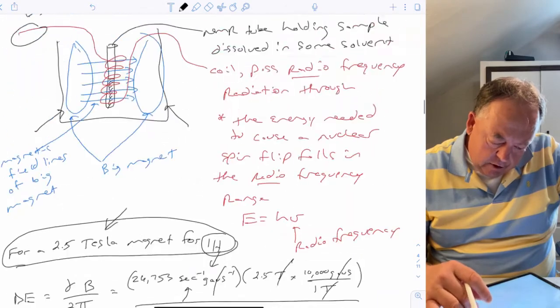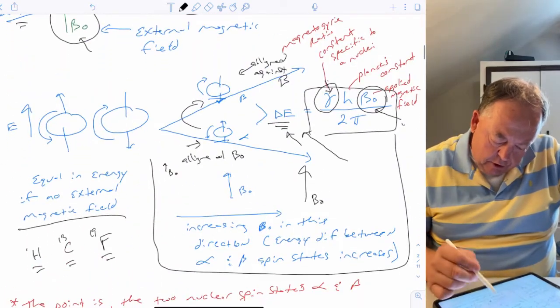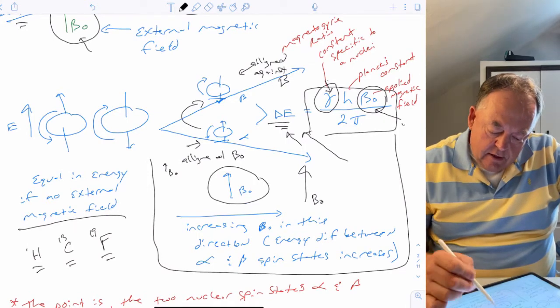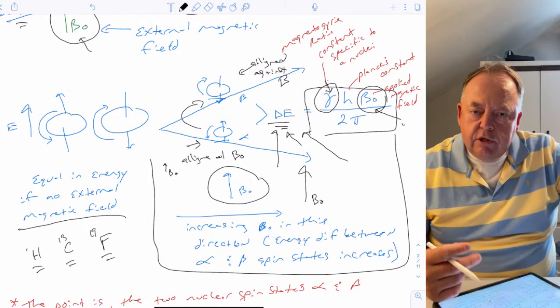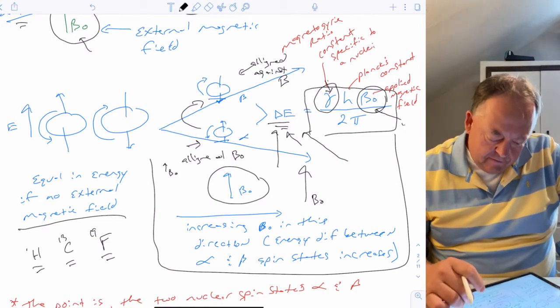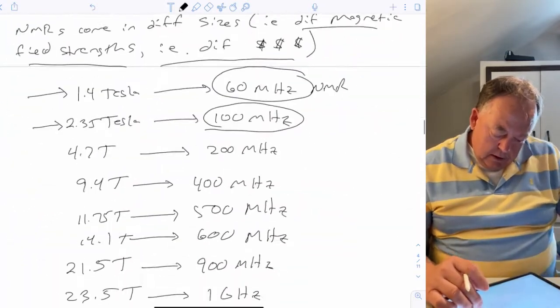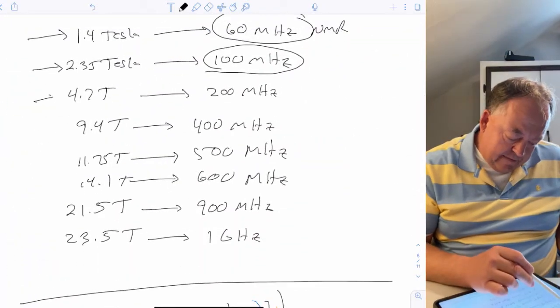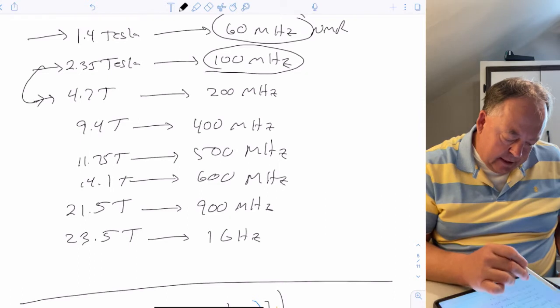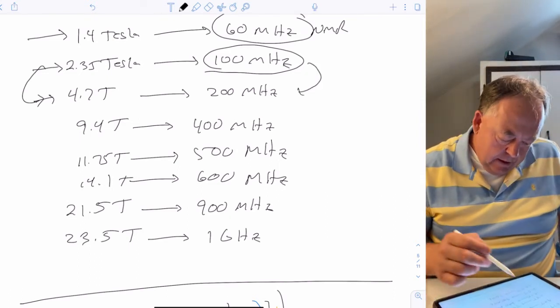That's what this diagram again indicates. As you go to a bigger magnet, the energy difference gets bigger, so you need a higher frequency to cause the nuclear spin flip. 4.7 Tesla. As you double the magnetic field, you double the radio frequency required to do the spin flip.